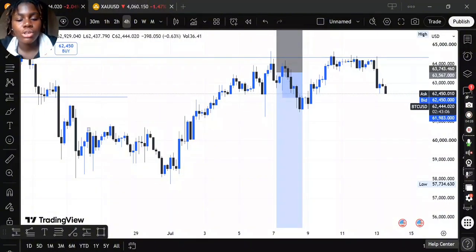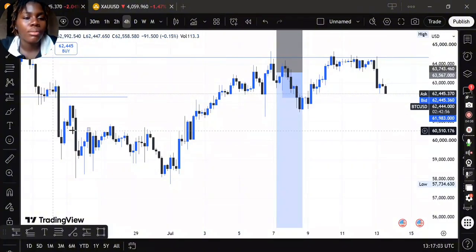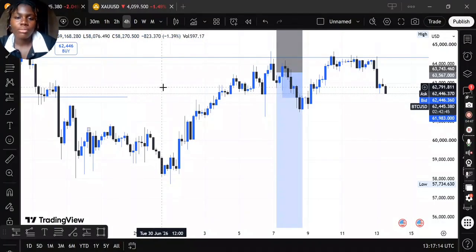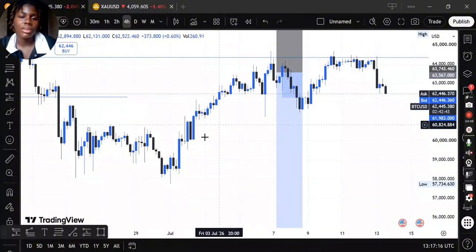The solution is patience, okay? Allow the market to reveal its structure before making decisions. Those of you who already know what market structure is, this will just be me talking about the advanced one. So let's get into it and talk less.